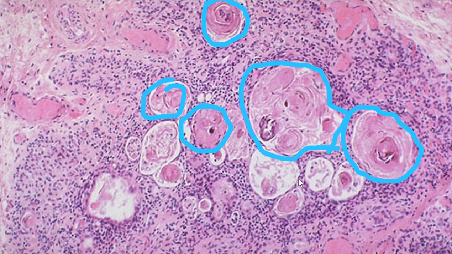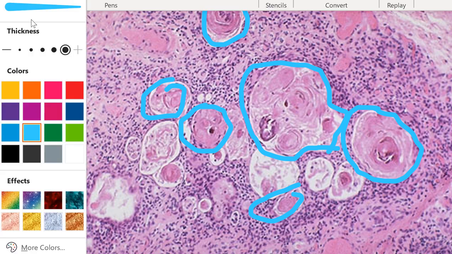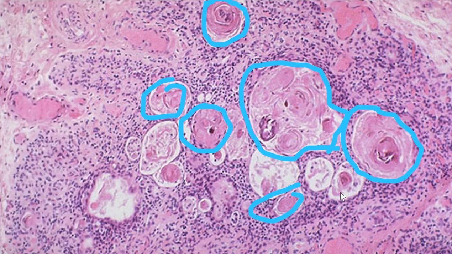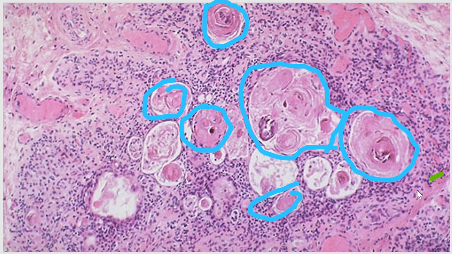If they don't have a lot, they'll be smaller. If they have a lot, they'll be larger. And on this slide as well, we can see a trabeculae right there.